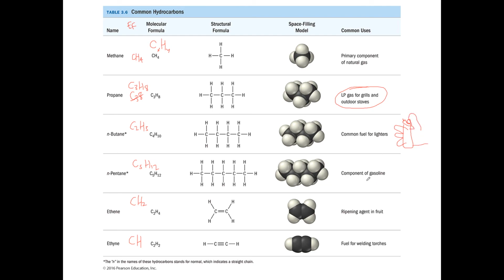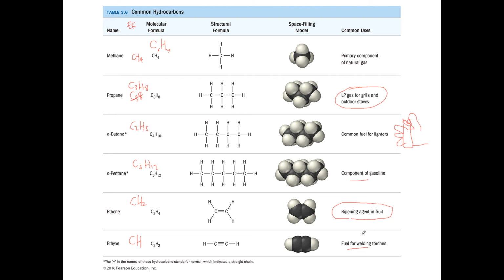This is n-pentane, a component of gasoline. Ethene, which is a ripening agent in fruit. And then finally acetylene, which is a fuel for welding torches. So these are some common hydrocarbons. It'd be a good thing for you to know.